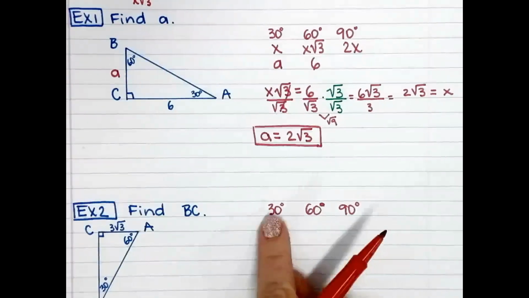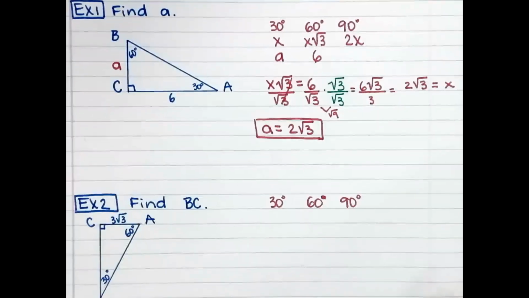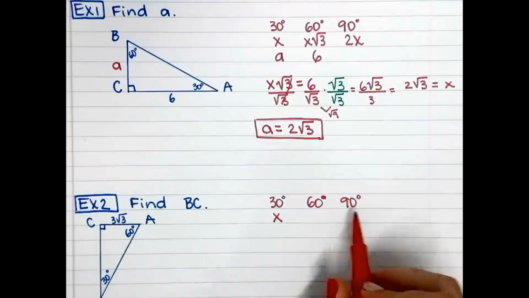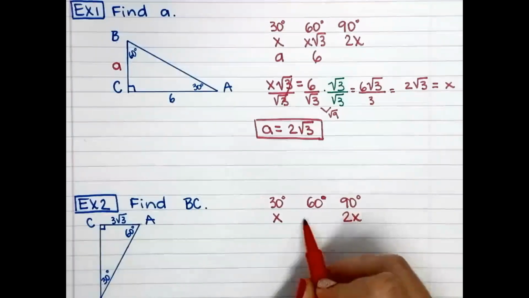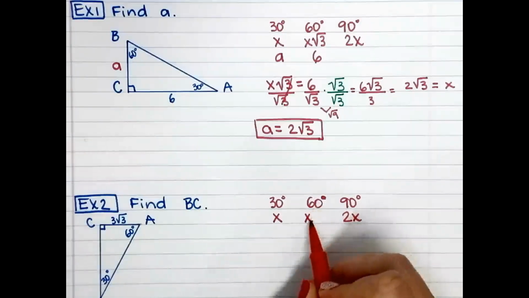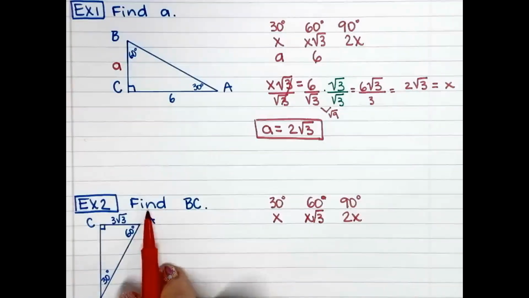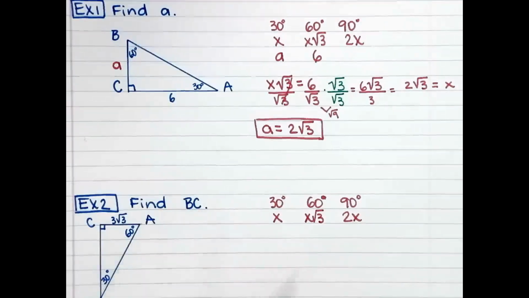Just like in the others, we need to start out by writing out the ratios. Right across from 30 is x, right across from 90 is 2x, and right across from 60, I have x square root of 3. We're trying to find the length of BC.